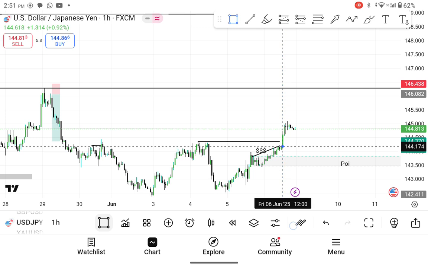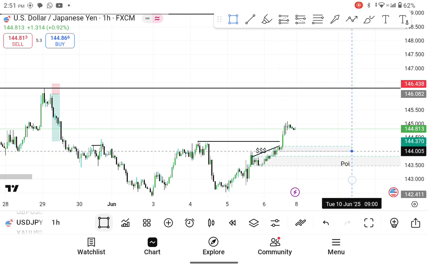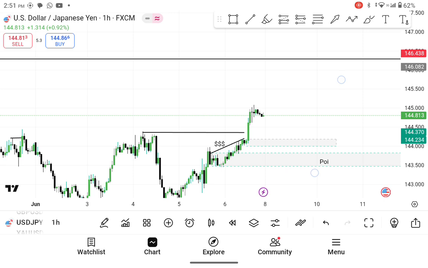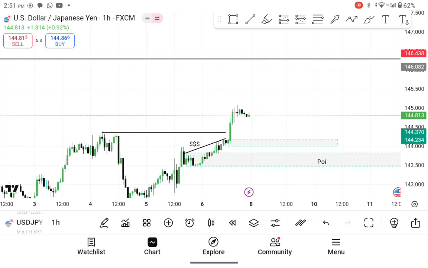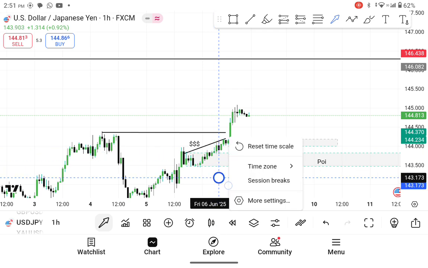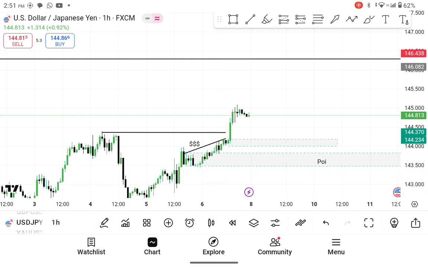So I have two areas that I can be looking at for possible entries. I have this area here, and I have this initial POI down here. Because if you look at this area down here, it's actually kind of a retest, but I just want to be on the safe side. When you look at this candlestick here, it's actually kind of a retest, but I'm not taking chances.